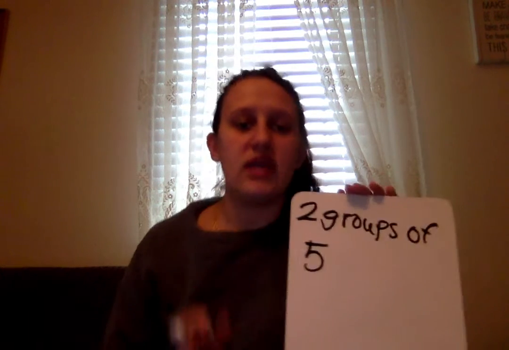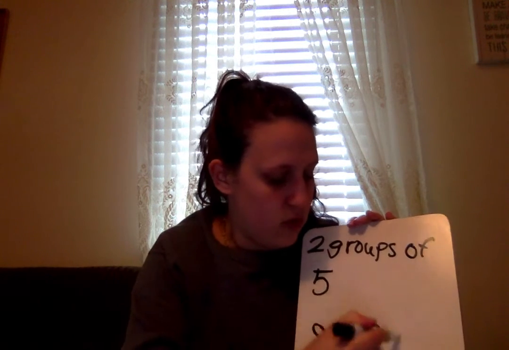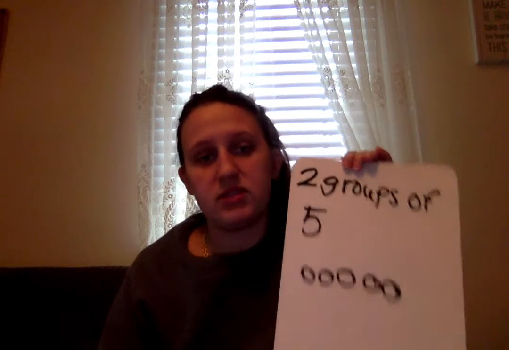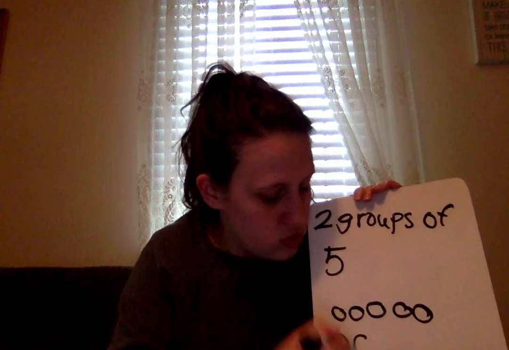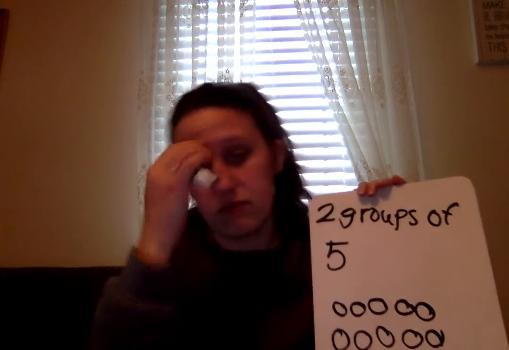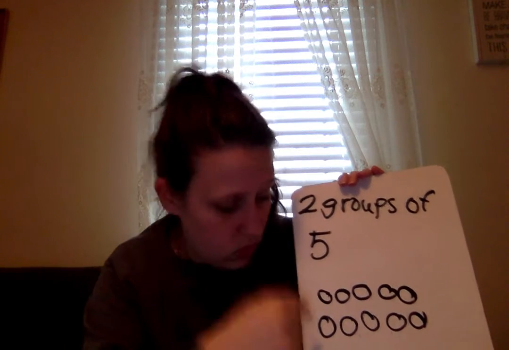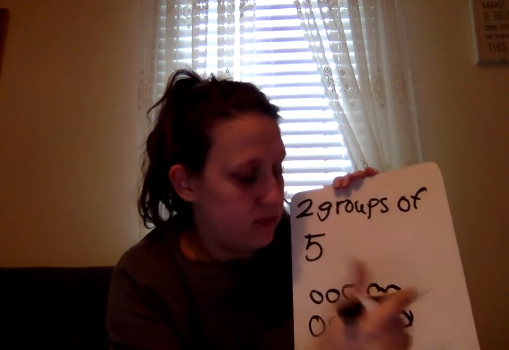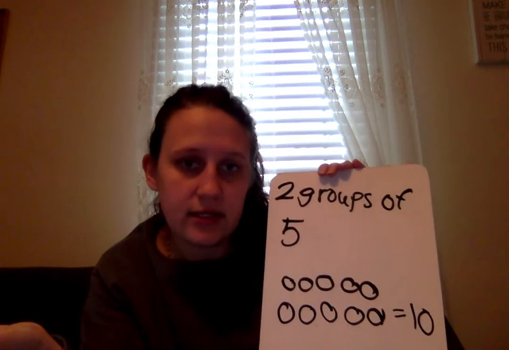If I were to get 2 groups of 5, how many people would be in my first group? 5. 1, 2, 3, 4, 5. And how many would be in the second group if there's 2 groups of 5? 1, 2, 3, 4, 5. 5 and 5. How many people are there in total? 2, 4, 6, 8, 10. So 2 groups of 5 is 10. Now we're going to do that with fractions.